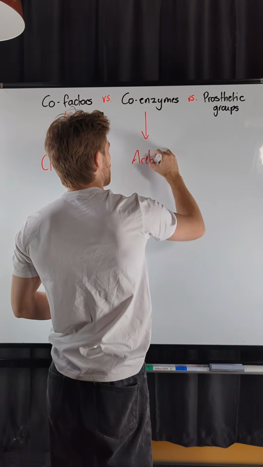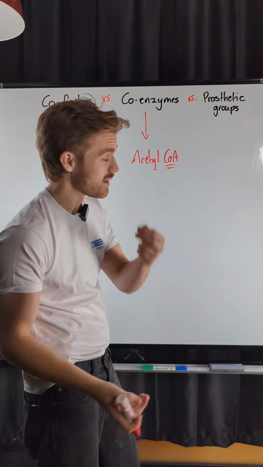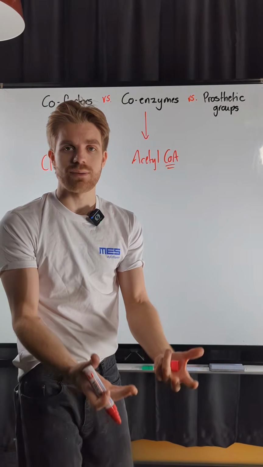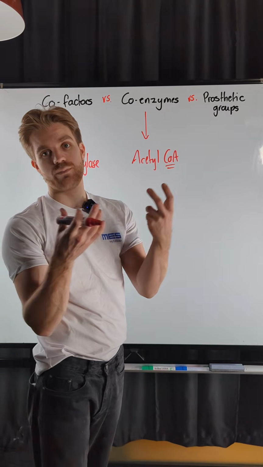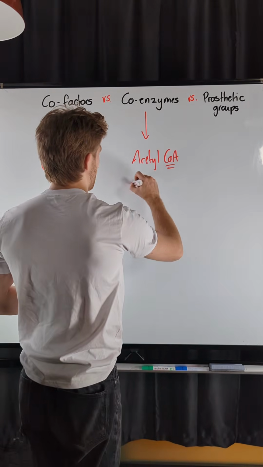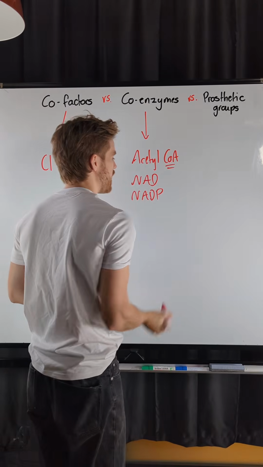So our acetyl coenzyme A, being the coenzyme, is carrying the acetyl group to the Krebs cycle, ready to take part in that Krebs cycle. Other examples of coenzymes that we're going to know about are NAD and NADP.